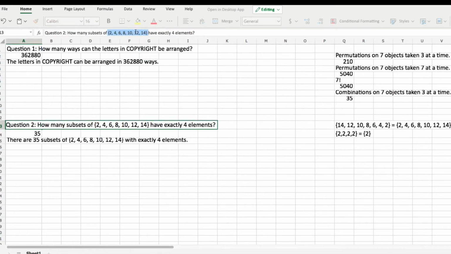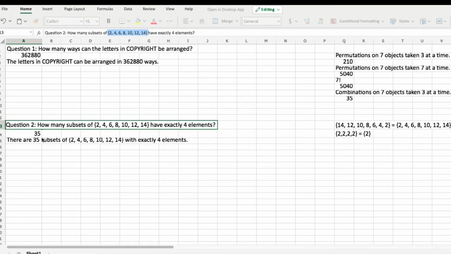And so since every 4 element subset corresponds to a distinct 3 element subset, because putting those together will form the 2, 4, 6, 8, 10, 12, 14 set, then it makes sense that there's going to be the same number of 4 element subsets as there are 3 element subsets.